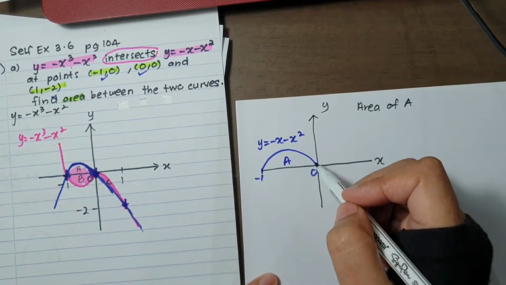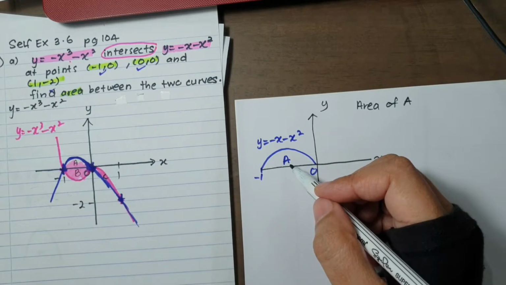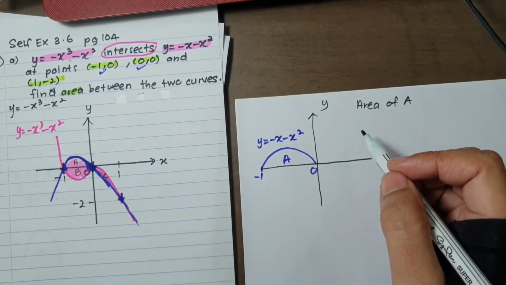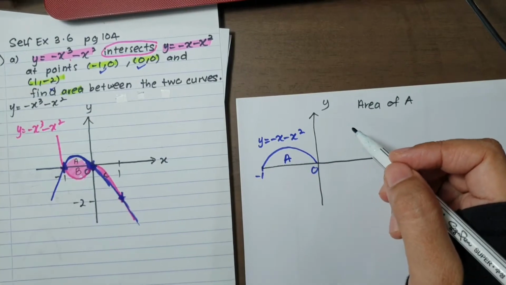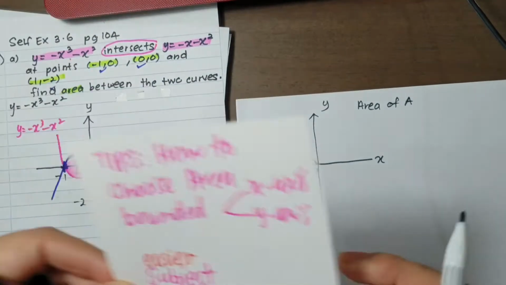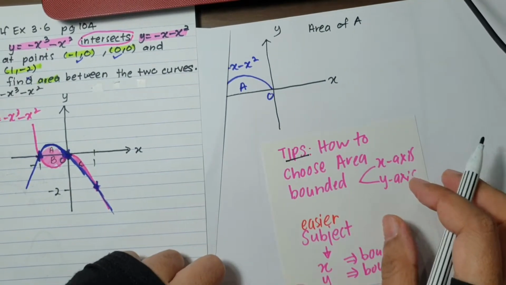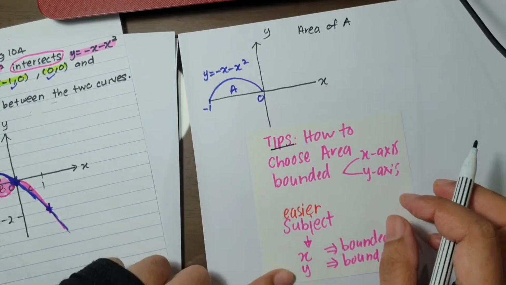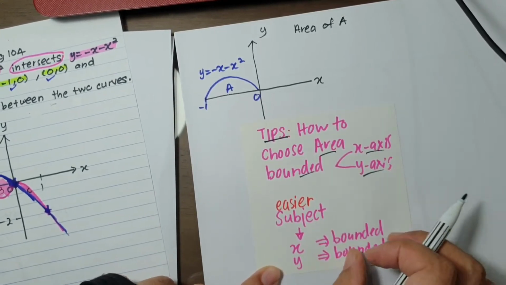One more tip: how to choose area bounded by the x-axis or area bounded by the y-axis. Which one do you want to choose?